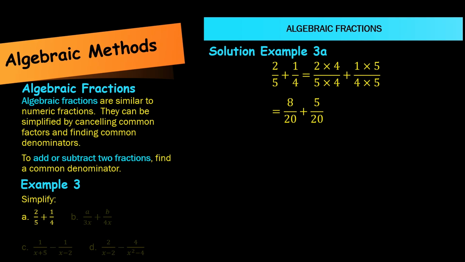This will then mean that our fractions that we are adding will have the same common denominator, which is in this example 20. So we have 8 over 20 plus 5 over 20. And then we can add to give 13 over 20.